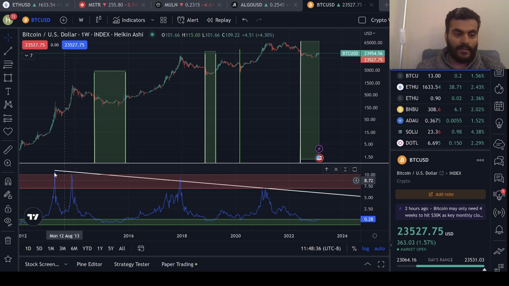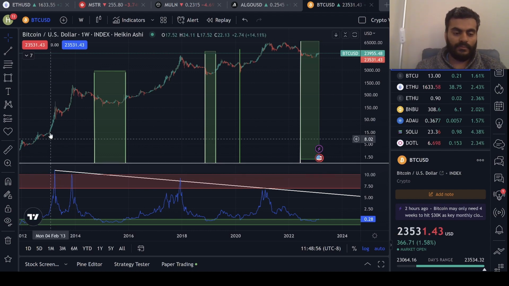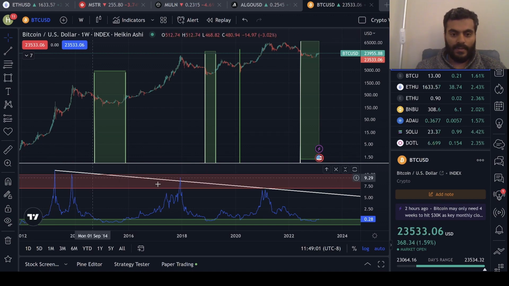And you can see the surge in the Z-Score is much steeper than the surge in price. So this surge can indicate the top, because price may move slowly compared to the steepness of the rise in the Z-Score, like in any cycle you can see.